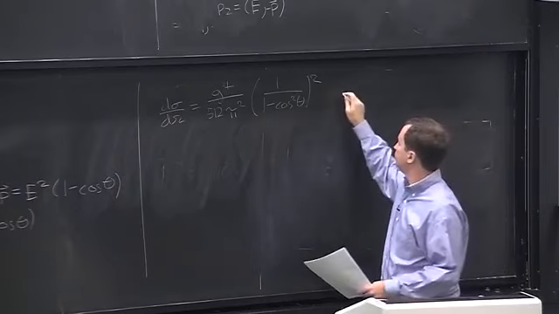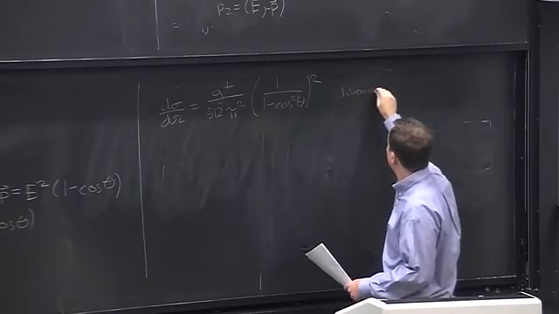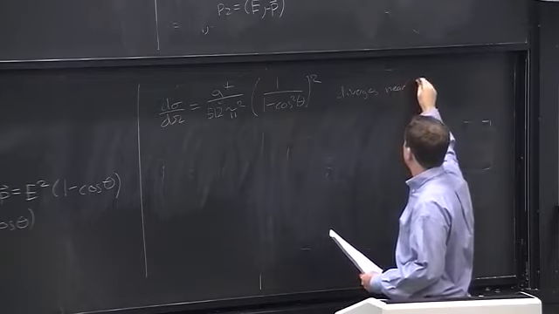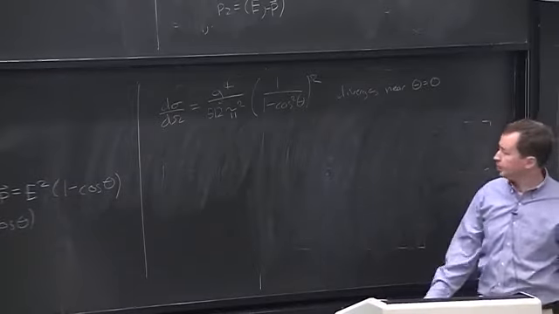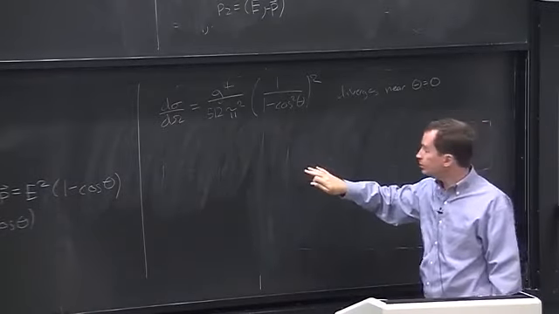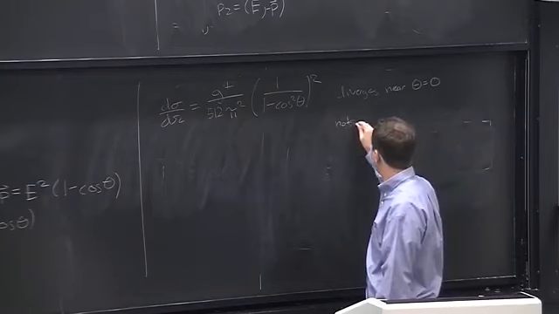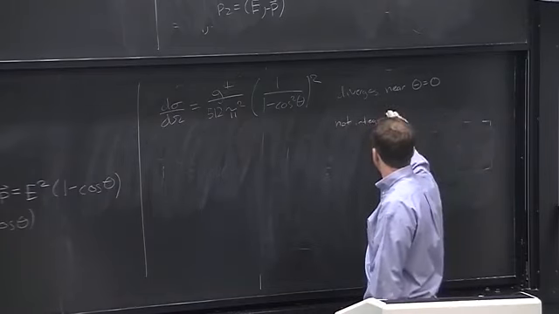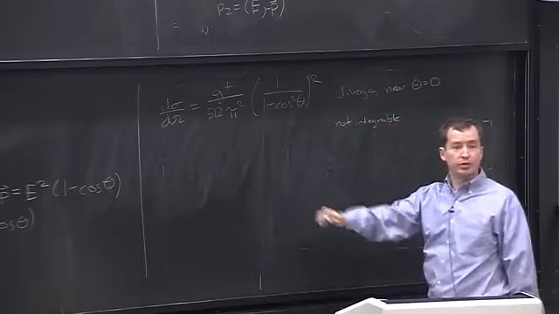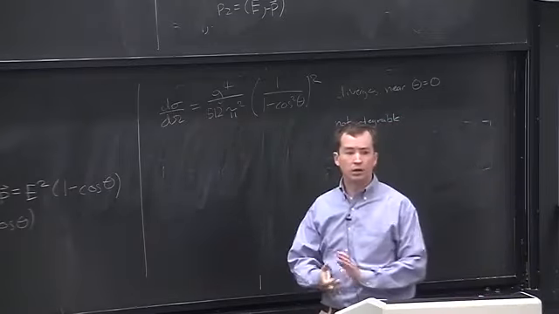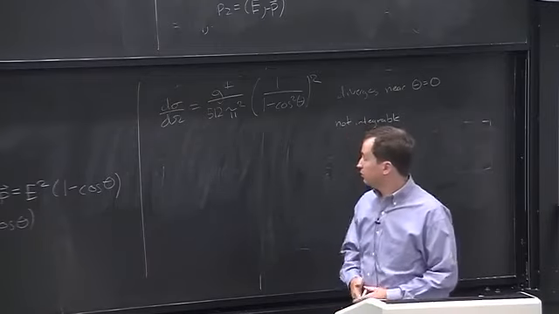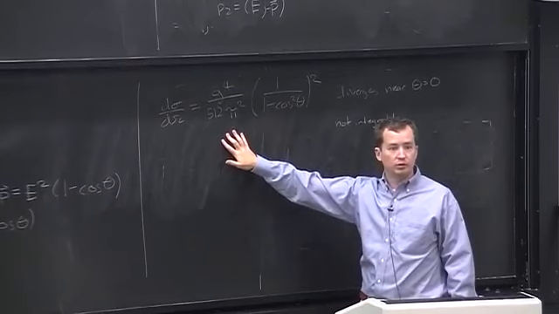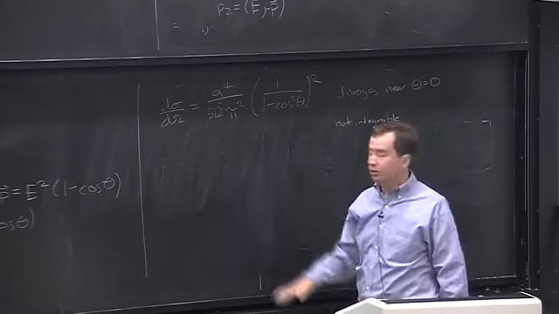This diverges near theta equals 0, and even worse than that, it's not integrable. So this is as far as we can proceed in the massless case. In the notes, I included the masses and showed that this problem goes away. You get some expression that's quite a bit messier, but is finite.